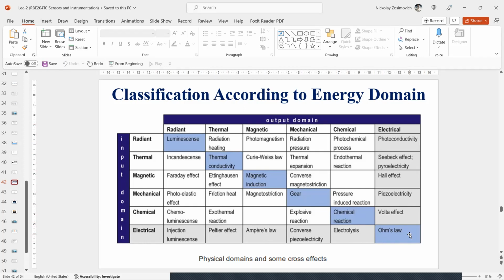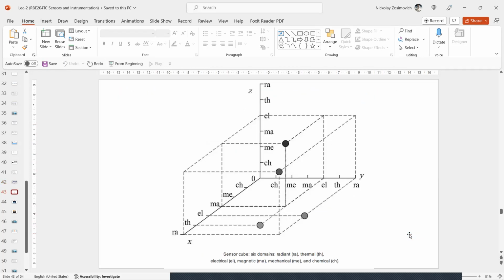Okay? This two-dimensional representation can be extended to three dimensions when the interrogating energy domain is included. And this gives us 216 energy triplets. To get a clear overview of all these possible combinations, they can be represented in a 3D Cartesian space, as you can see in this slide.